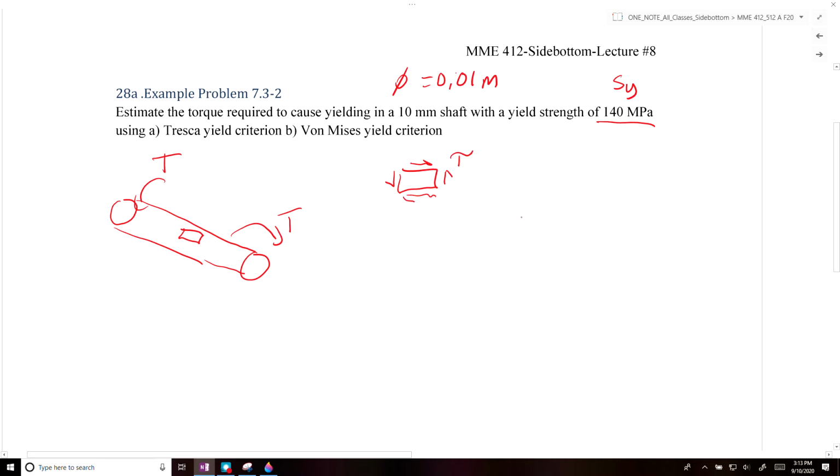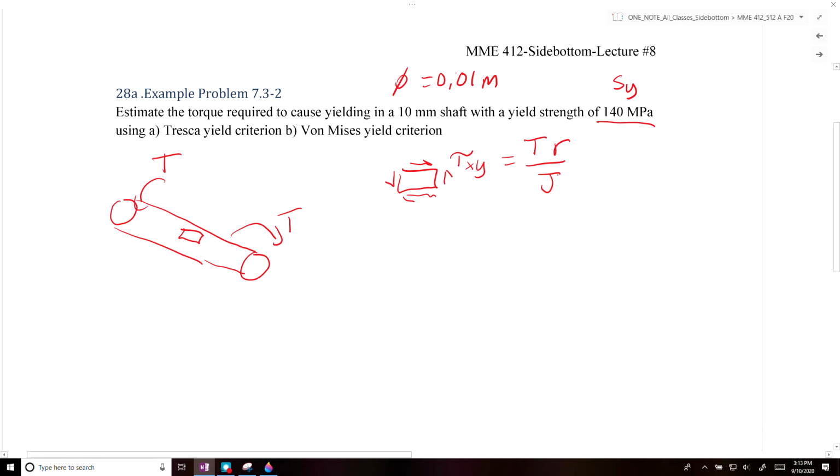That shear stress, tau xy, in the case of an applied torque, we know is equal to the applied torque times R over J.